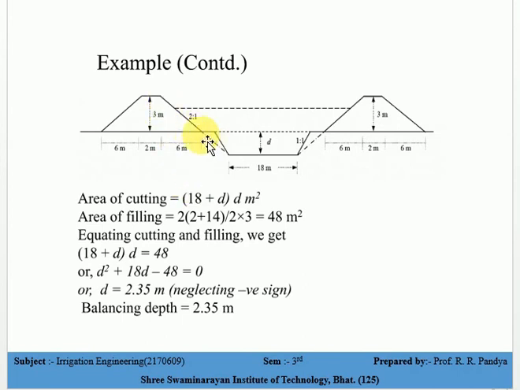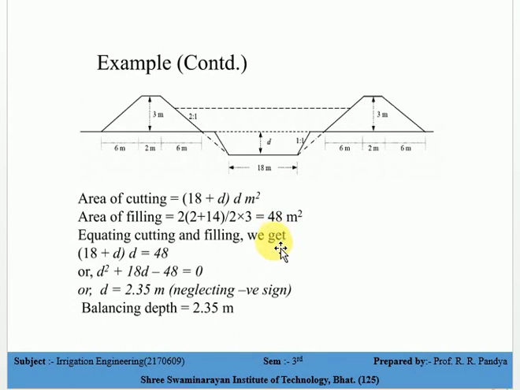N should be considered as 2 because the horizontal gradient is 2, right? For cutting n is 1 because the gradient is 1 gem 1. Here n is equal to 2 because the gradient is 2 gem 1. Hope you can understand what I am telling you. So from the equation BD plus ND square, you will find the area of filling, which should be 48 meter square.